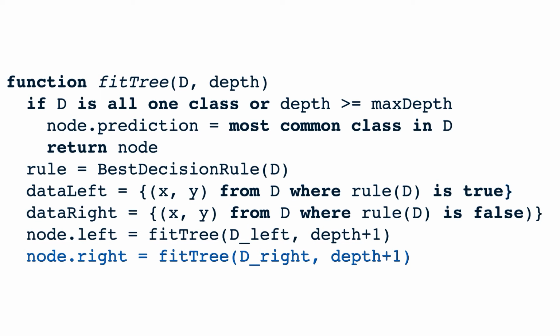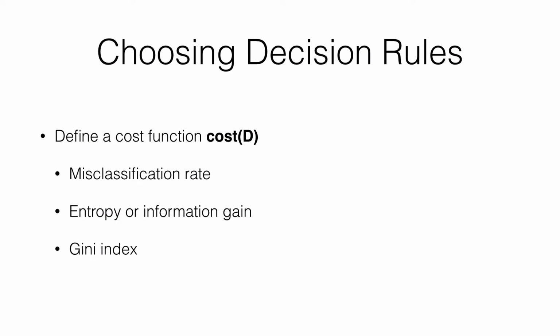So of course the critical piece and logic behind decision tree learning is the best decision rule subroutine that I've just left as an essentially undefined function here. And most of the methods that have become popularized and have been shown to be very effective can be viewed as minimizing a cost function.